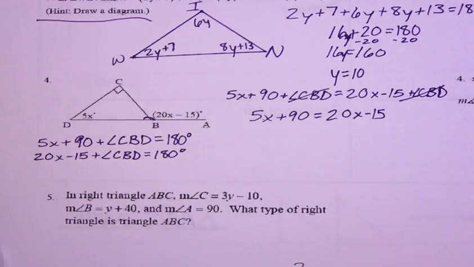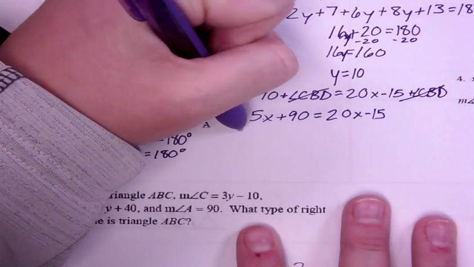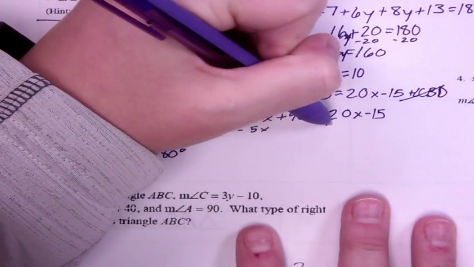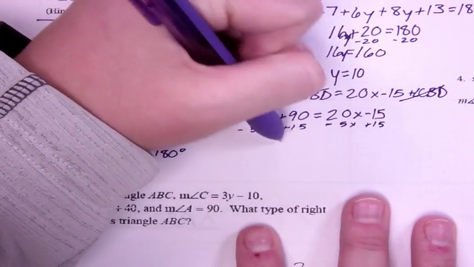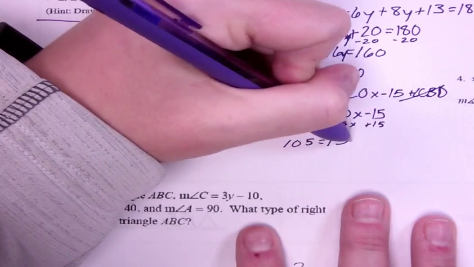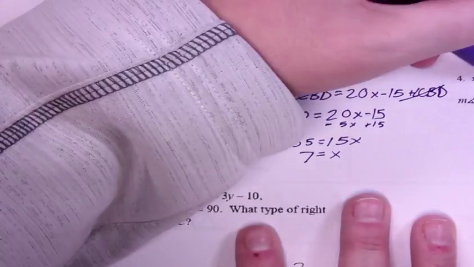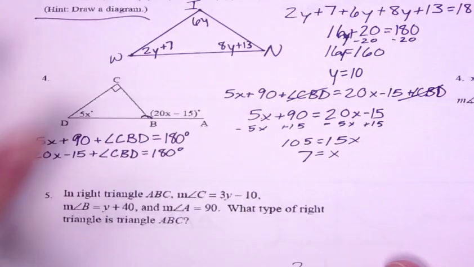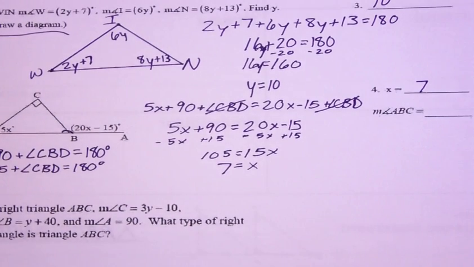So I'm going to add 15 on both sides and subtract 5x. 105 equals 15x. X equals 7. But we already know that because of Dale. Thanks, Dale. So x is 7.